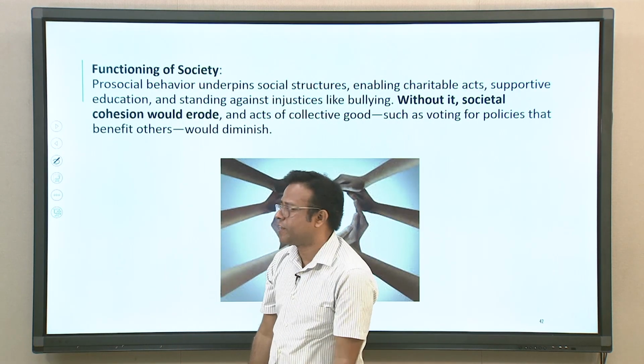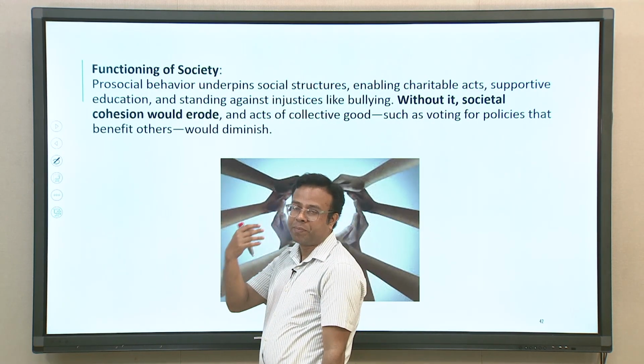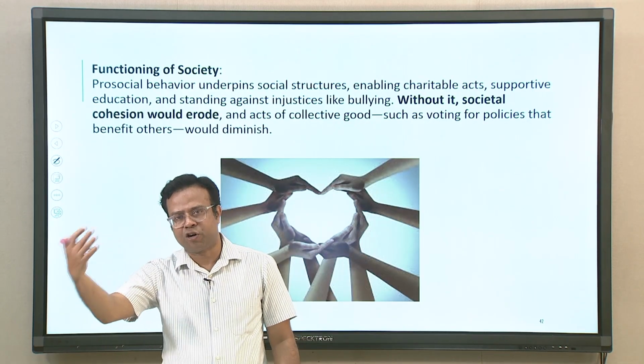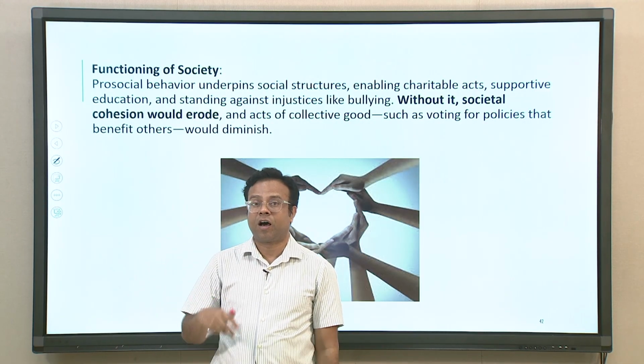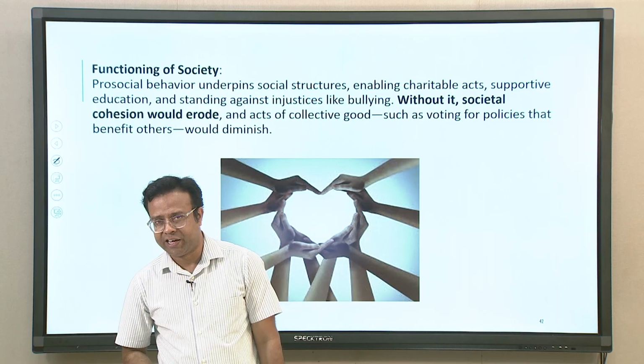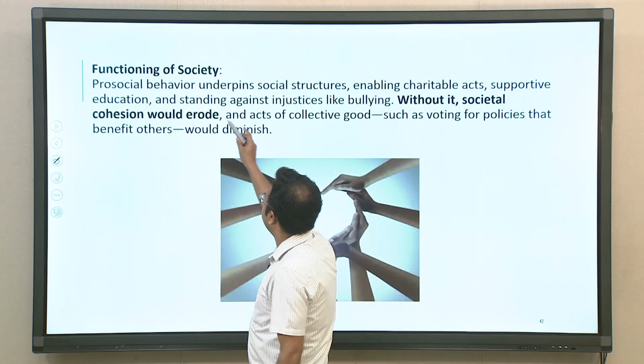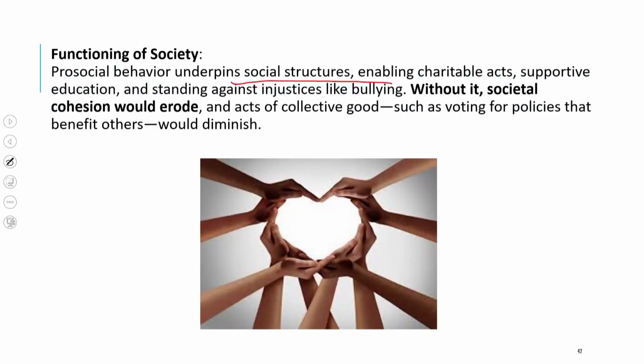For the functioning of society, it is very important that at least most of the people, or a large chunk of the people, are showing kindness and prosocial behavior. Then a society can exist, otherwise it will disintegrate. Prosocial behavior underpins social structures, enabling charitable acts, supporting education, and standing against injustice like bullying.